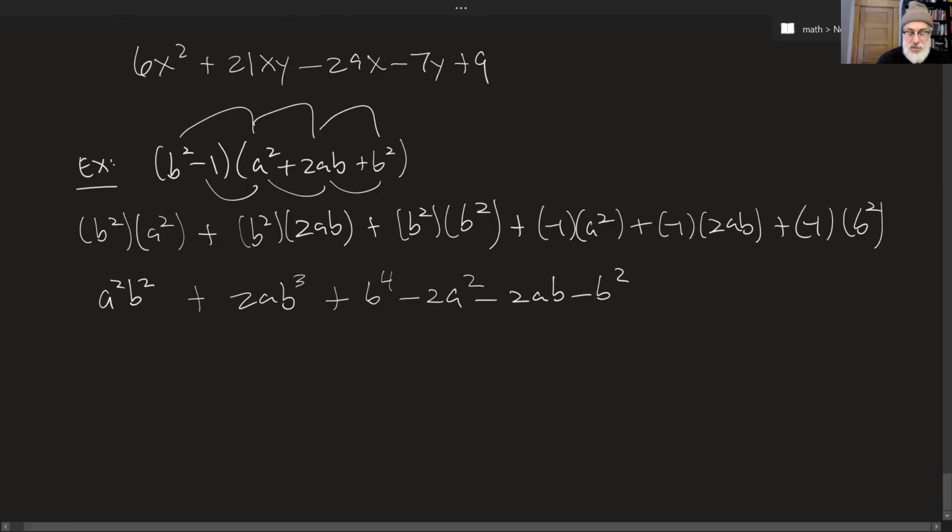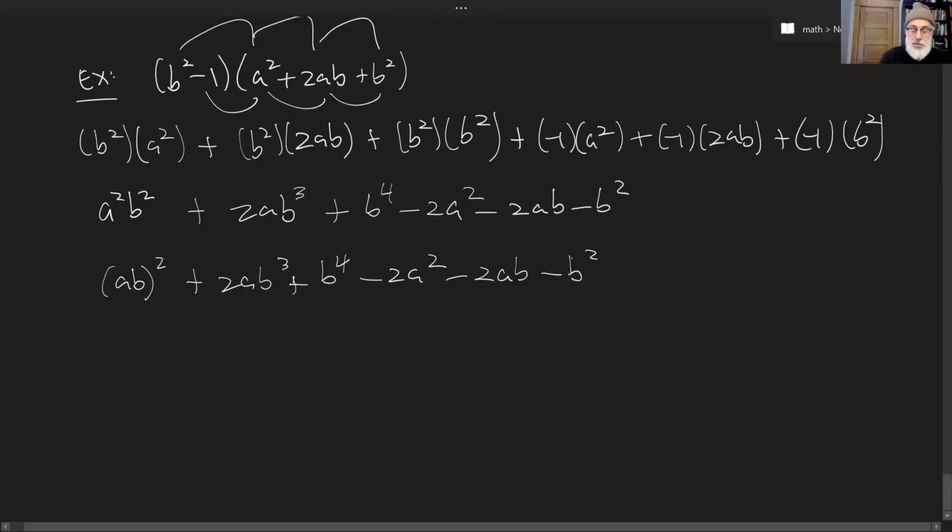From a previous lecture on exponents, we can write a squared b squared as ab squared plus 2ab cubed plus b to the 4th minus 2a squared minus 2ab minus b squared.